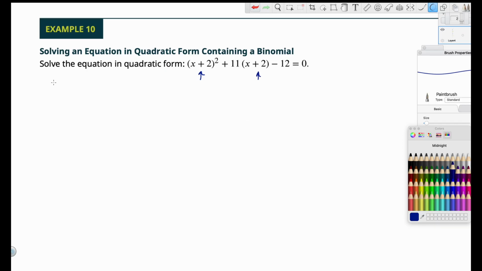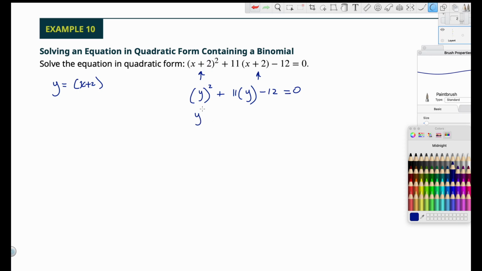So if we were to set y equal to the binomial here, and then make a substitution, we would get y squared plus 11 times y minus 12 equals 0.